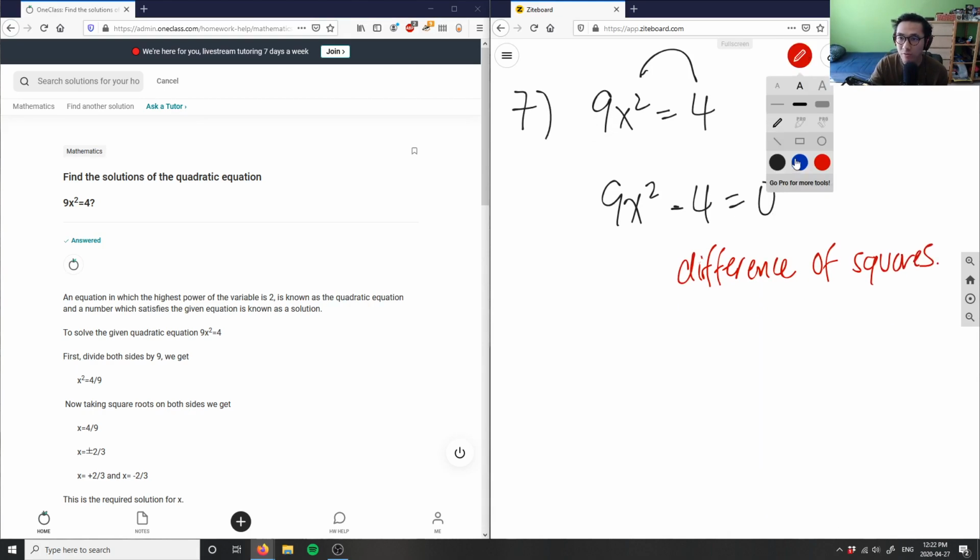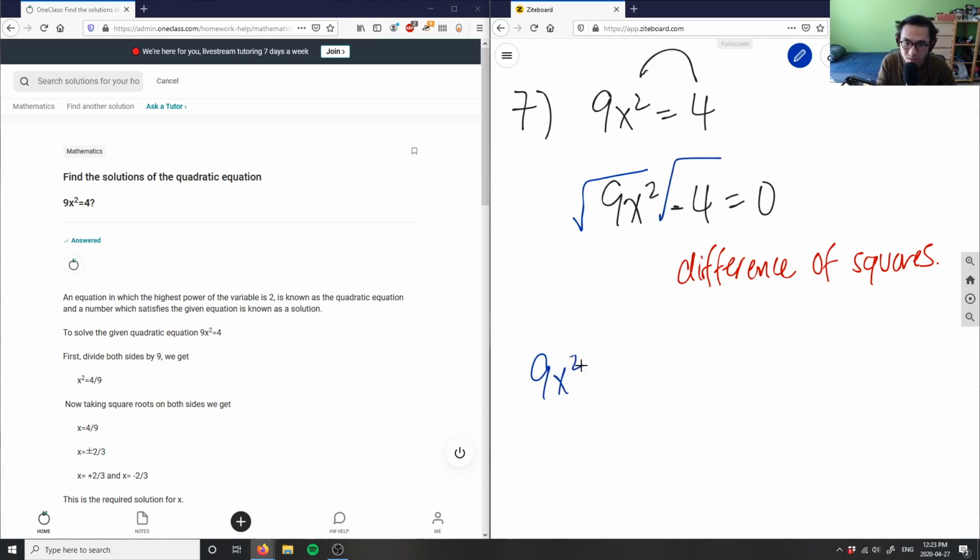So in order for us to do that, you can think of an imaginary square root on both of these terms. If I were to square root both of them, I'm going to have 3x for my first term, and then if I square root 4, I'm going to simply get 2, right? So if I were to write this out, 9x squared minus 4 equals a term plus something, and then a term minus something.